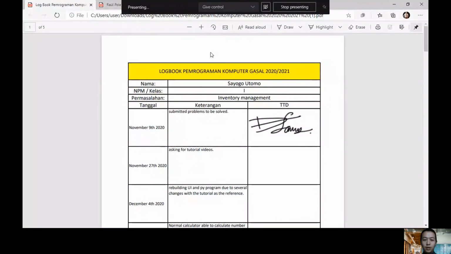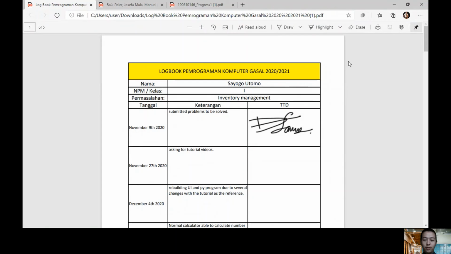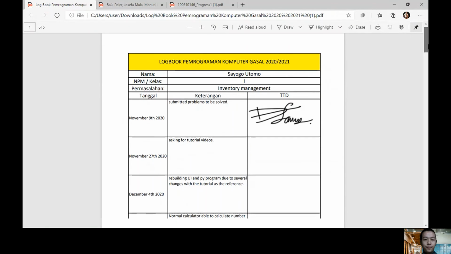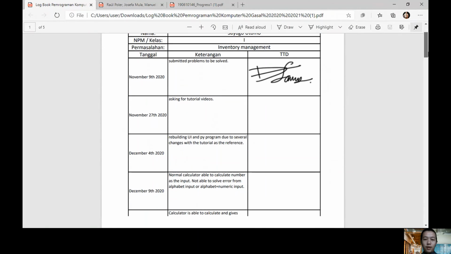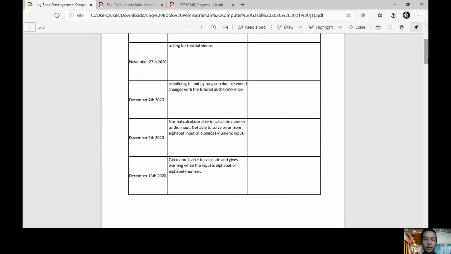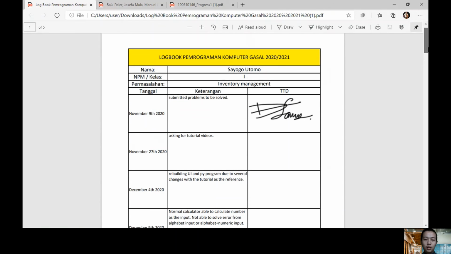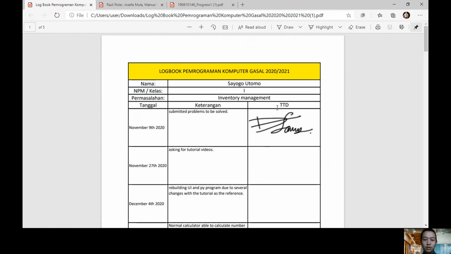Okay, for the next one, I will show you the logbook of my progress. This is the progress of the program. There are several progress entries, but I didn't have the signature for them.